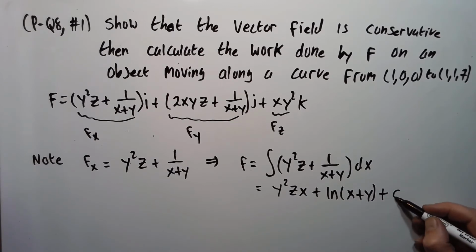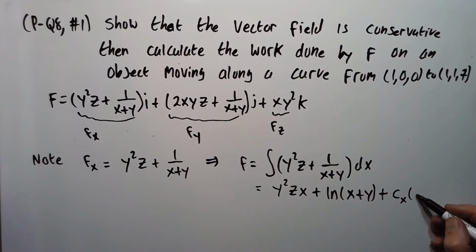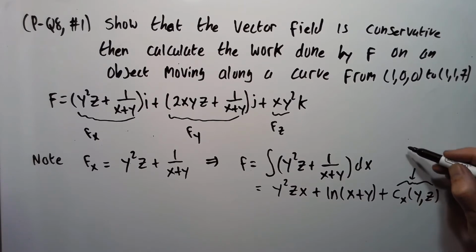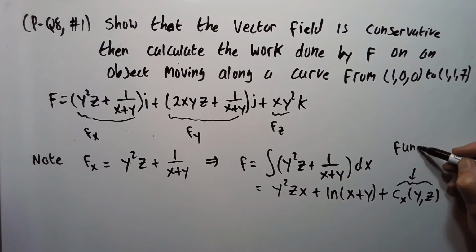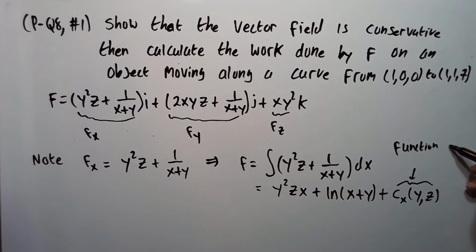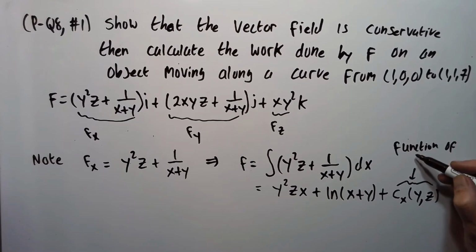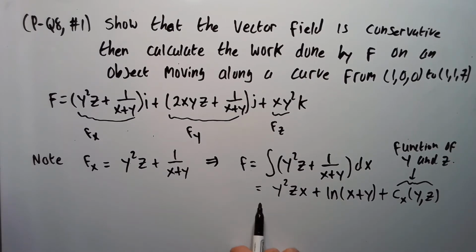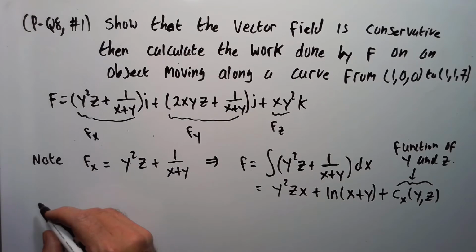Let's call it c of y and z. Okay, so we know our small f should look like this. We have some freedom over what we can choose for this constant. It's a function of y and z.